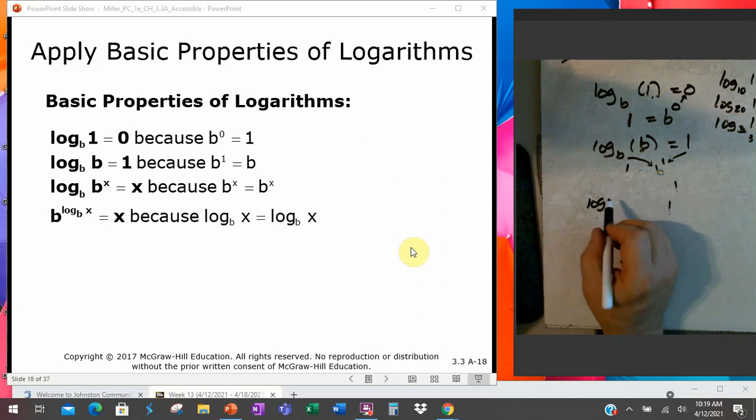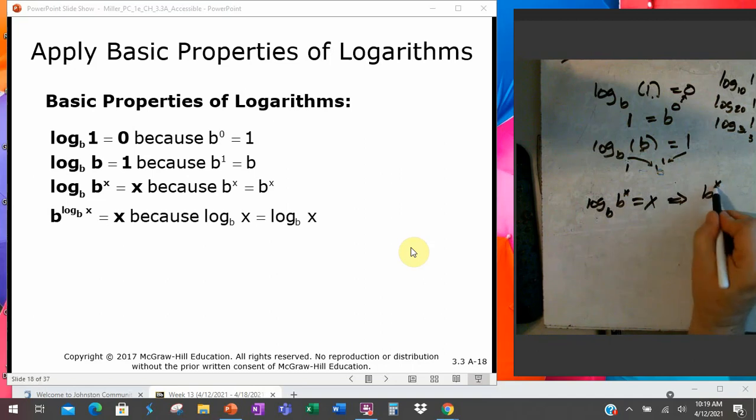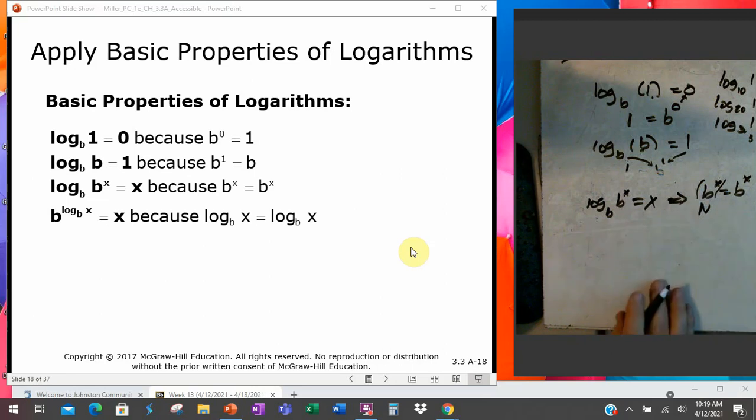The log base b of b to the x is equal to x, because I want to represent b to the x as some power of b, and I've already got it. This is the exponential form, so this is the number, 100.